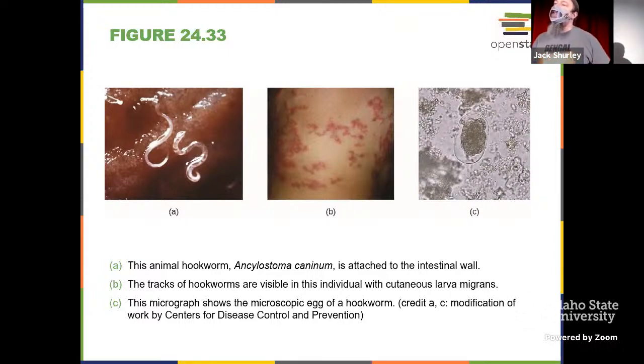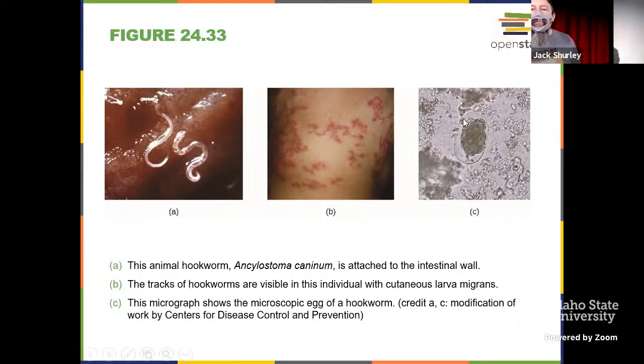But if it's the right guys that make it into your intestines, they penetrate into your skin, make their way into the circulation, to the lungs, are hacked up, swallowed down, and then go into the intestines. Awesome and disturbing, all right? So it's kind of dosage dependent. You get more than 25, you start seeing ill effects. And you get 100 or more, potentially really ill effects, anemia, and other issues may result.